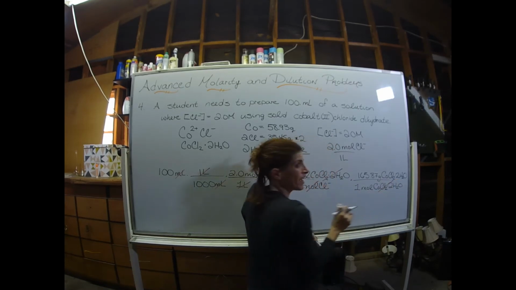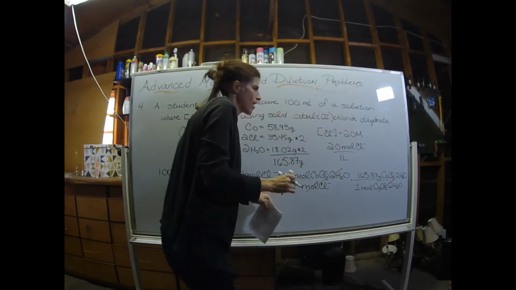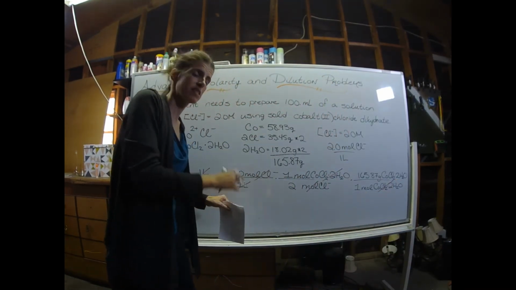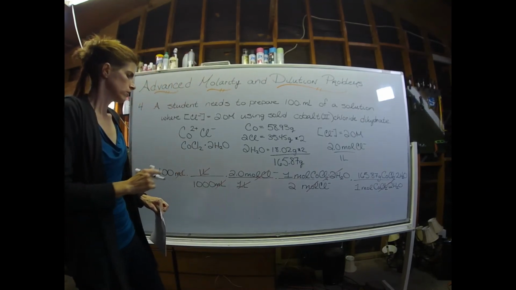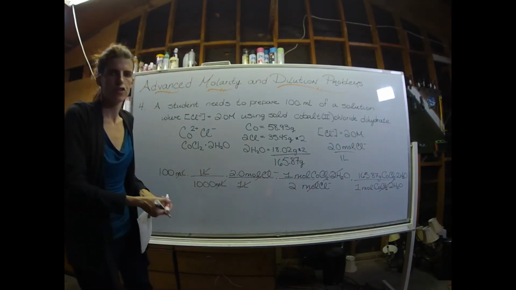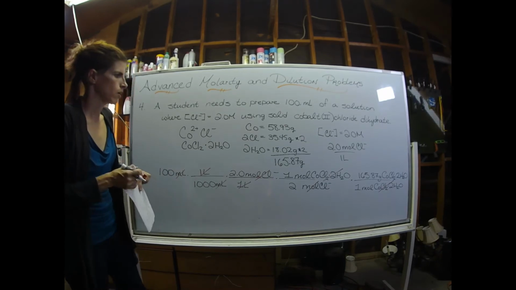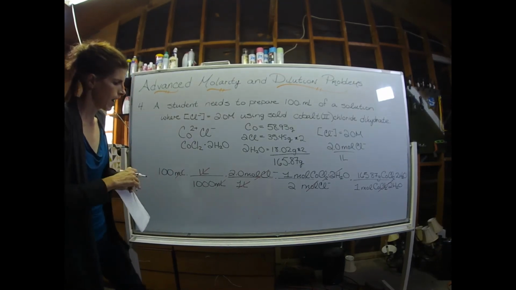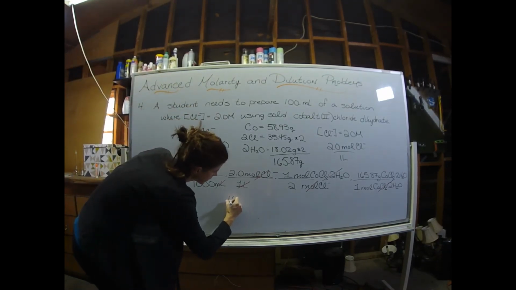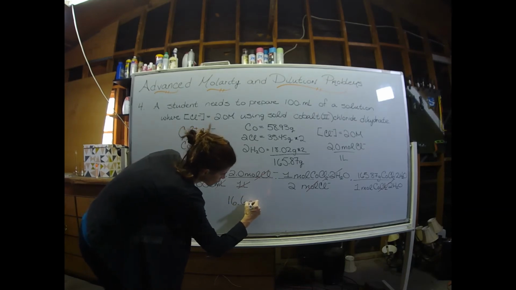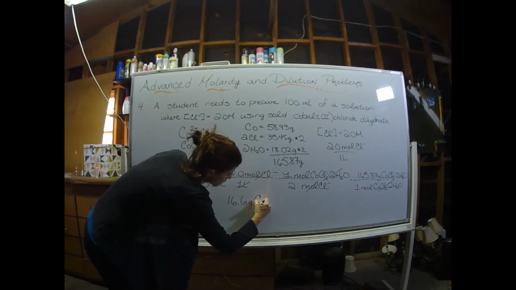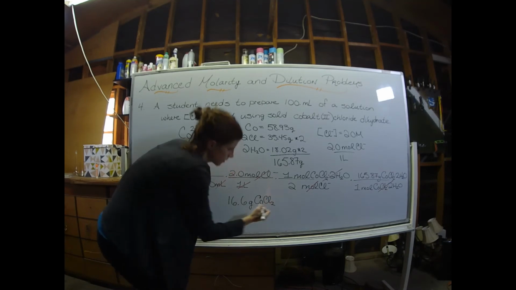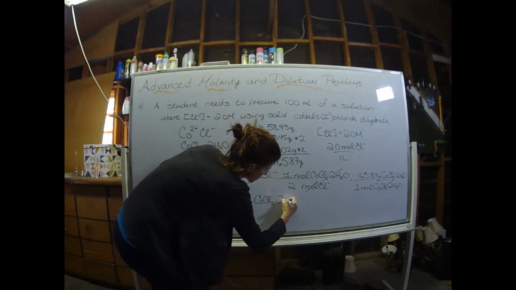I know it's annoying, it's probably even annoying while you're watching me, but we need to be very specific about the labels on all of our conversion factors. We have a lot going on with these problems. I got 16.6 grams of the cobalt chloride dihydrate.